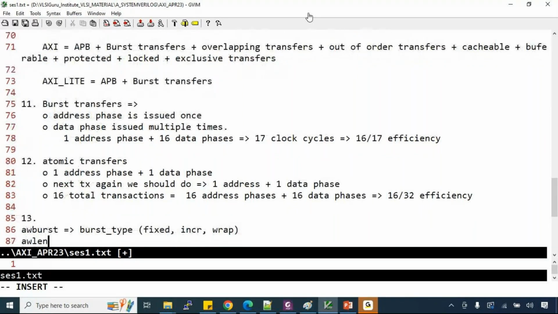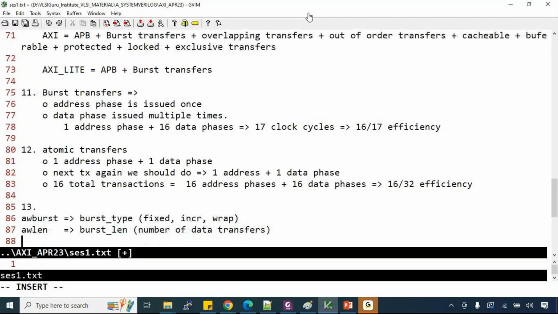AWLEN, the burst length, is the number of data transfers. What should the other one be? AWSIZE, the burst size, is the number of bytes per data transfer.